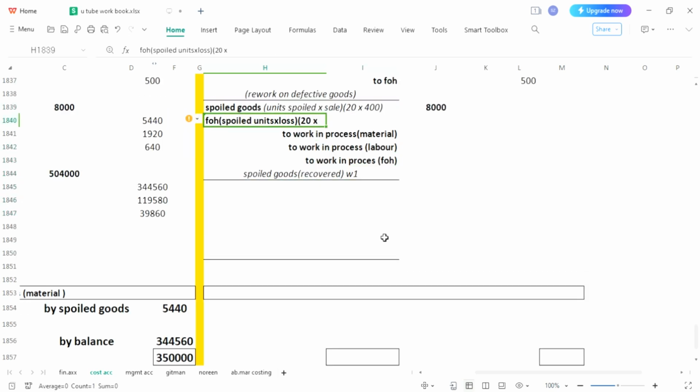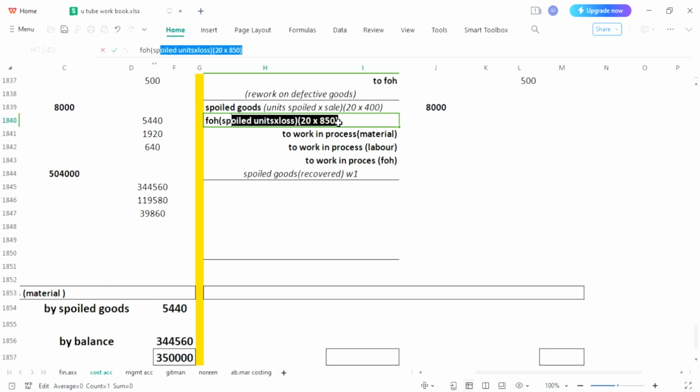So here you will be putting your per unit loss. Actually it was not merged. Let's merge it and align on left side. So 20 units were spoiled and 850 per unit loss we have calculated. This way you can calculate the amount of FH.